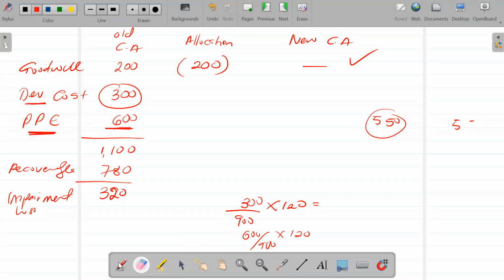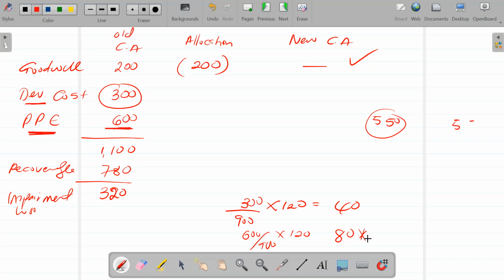This one will take how much was it? It was 40, 80. Okay, yeah, this one was 40. This one was 80.